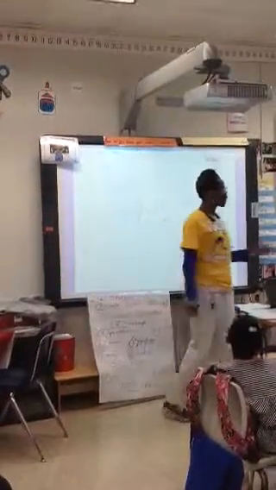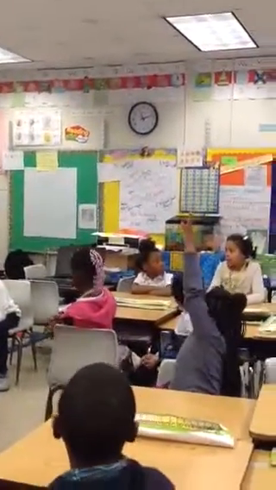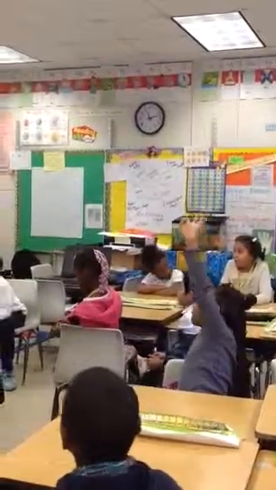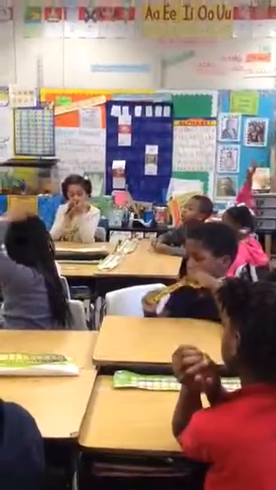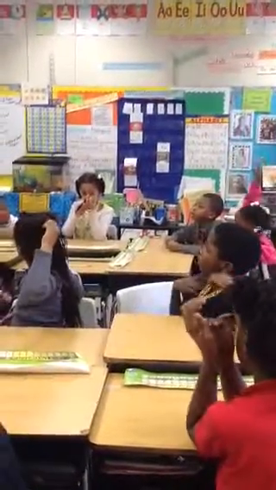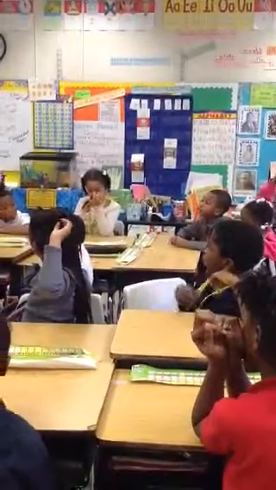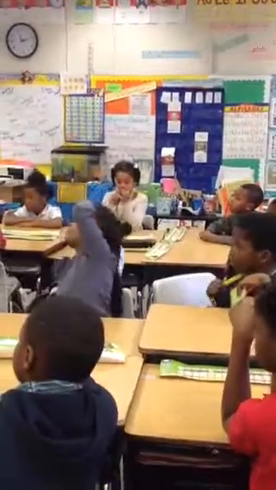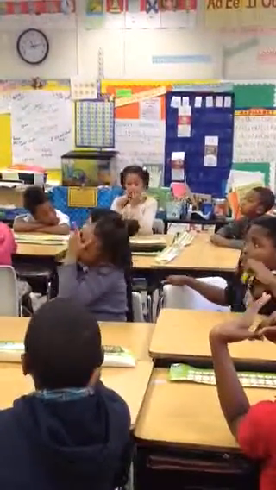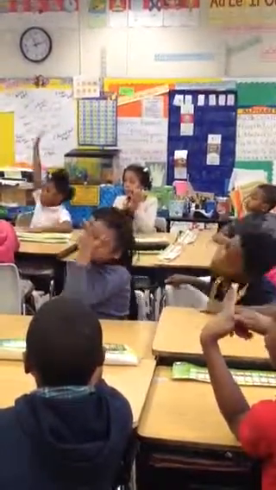Okay, now let's review our vocabulary. I see a ball. What can you tell me about a ball, Brooklyn? The ball is rounded, curved. Okay, I see angles. What can you tell me about angles, Marshall? Okay, and what are they shaped like?